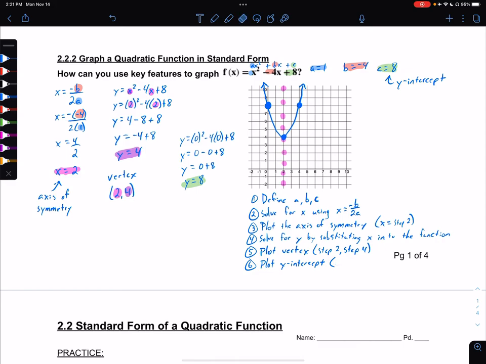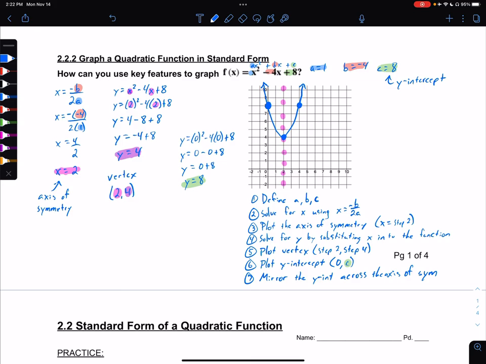Or let's phrase that as the coordinate point (0, c), c being this point right here. And then finally, you're going to mirror the y-intercept across the axis of symmetry.